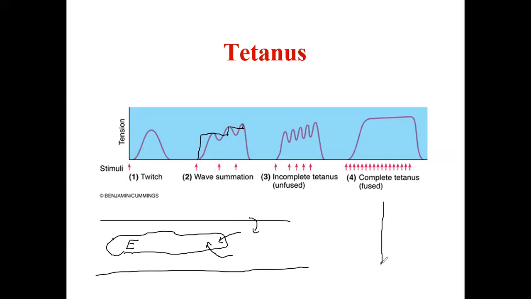If this is the concentration of calcium on this side, so we are looking at calcium concentration here. With the first stimulation, you are starting when the calcium is low here. So you flood it into the sarcoplasm. And then when you are trying to return it into the ER, you initiate a second stimulation.